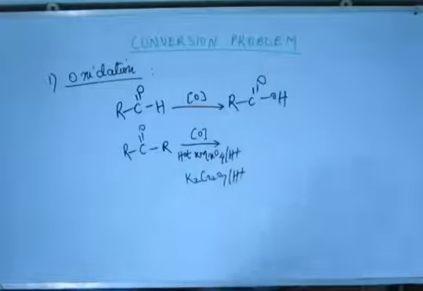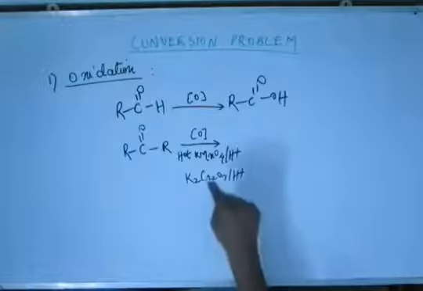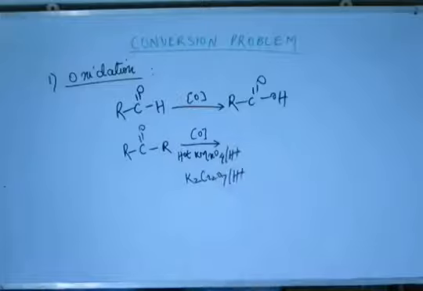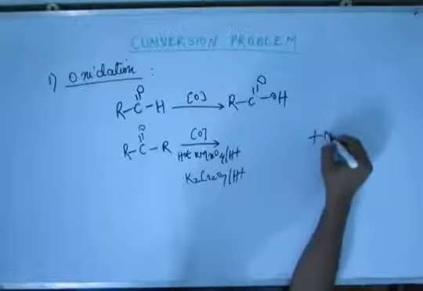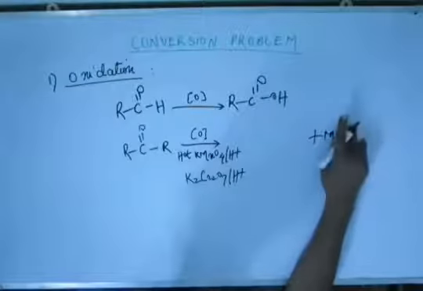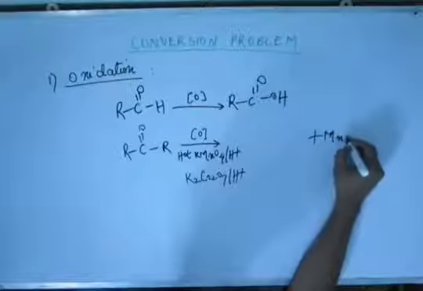In acidic medium, the higher oxidation state tends to be less stable. If you look at manganese in potassium permanganate, KMnO4, the oxidation state of manganese is +7. That's very high. When you add acidic medium, manganese tends to come to a lower oxidation state. It comes to oxidation state +4.